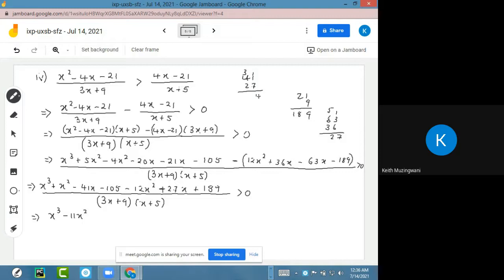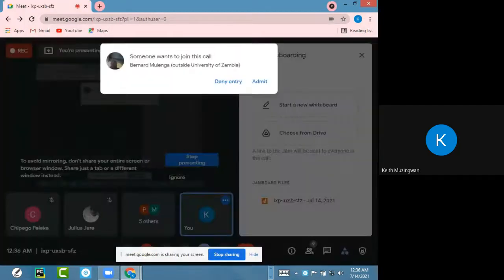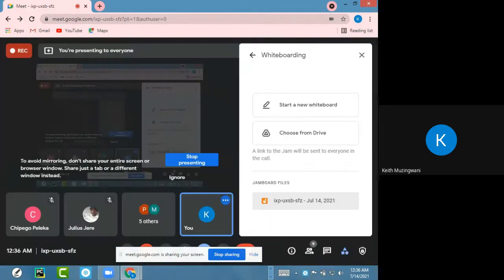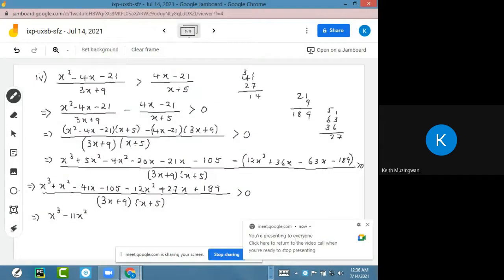A 3 will remain, so we'll have 1, giving us x3 minus 11x squared minus 14x.